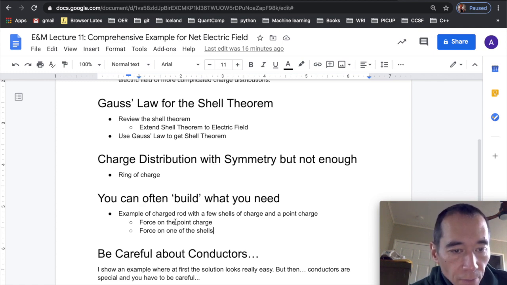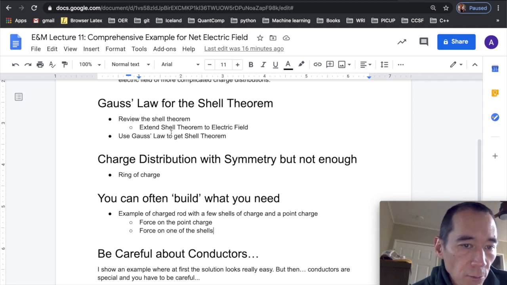Another example, or collection of thoughts, is the fact that we can sometimes build what we need. What I mean by that is we've got a lot of results.